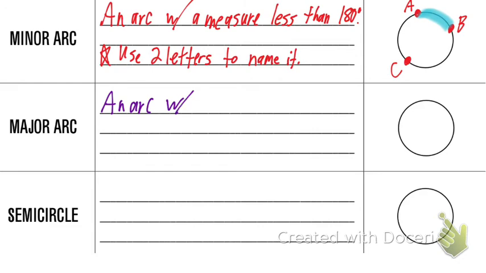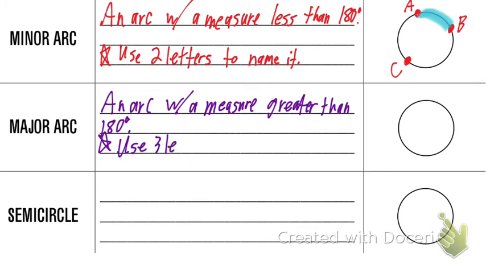It's an arc with a measure greater than 180 degrees. And for this, our little note is that we're going to use three letters to name it. And we'll see why it's important that we do that. Oh, I'm actually going to go back and name that minor arc, by the way.